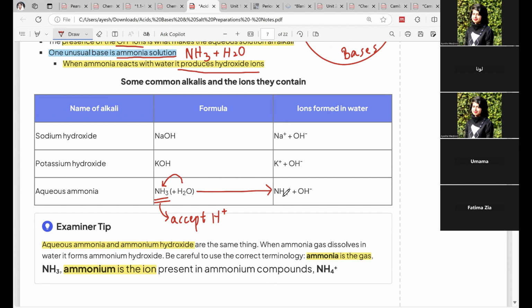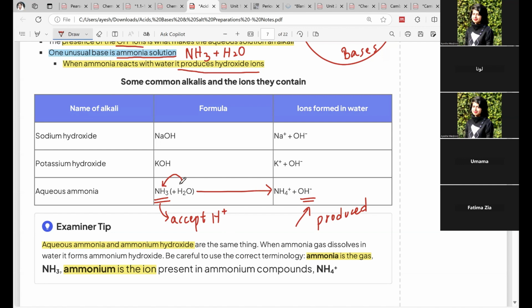And we said that a base is something which is producing OH negative. So OH negative is produced on the product side. So both the definitions are applicable even in case of ammonia solution. So ammonia solution is behaving like a base, but in a little different way.